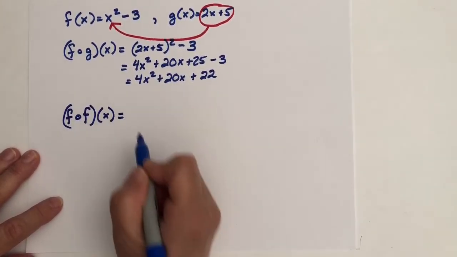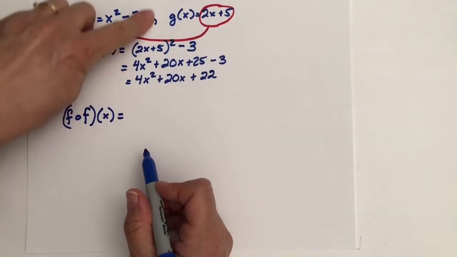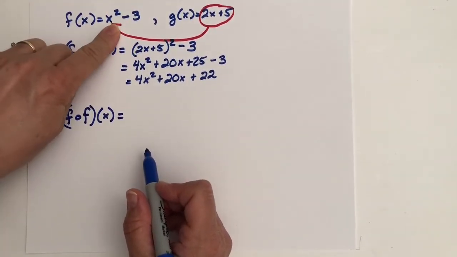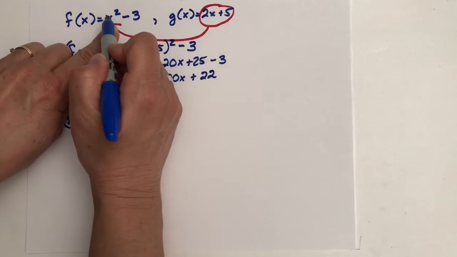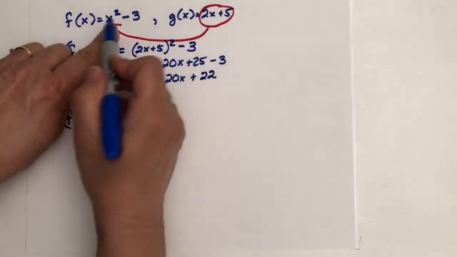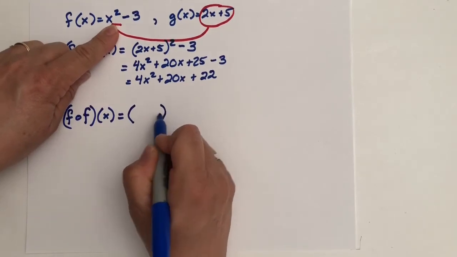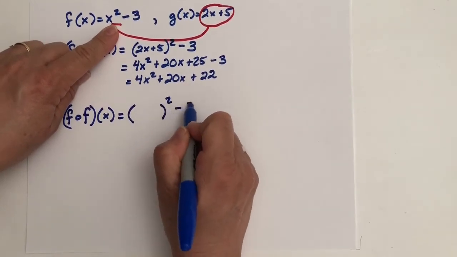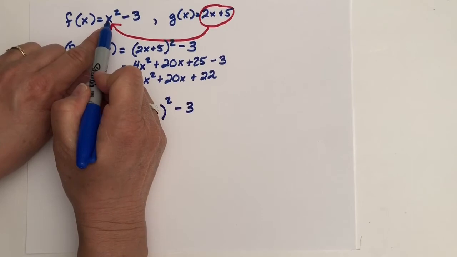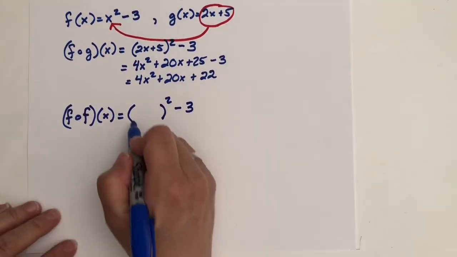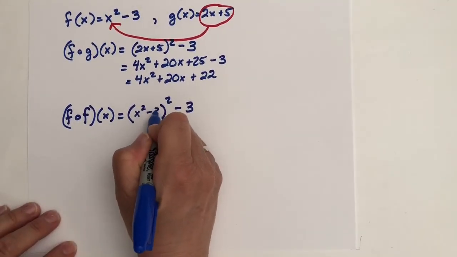So now we're going to take the f function, which is x squared minus 3, and substitute it in for the x in x squared minus 3. So here's our f function, x squared minus 3, and we're replacing the x with x squared minus 3.